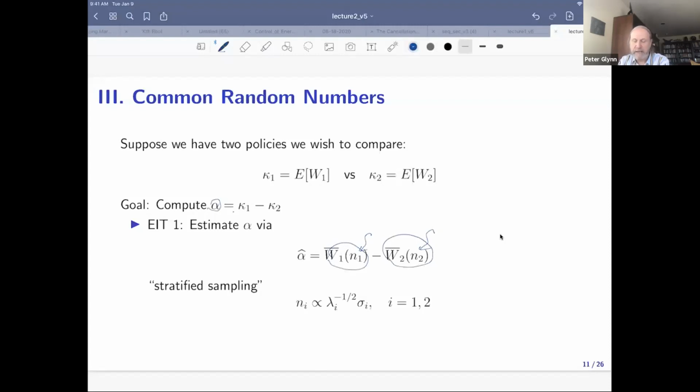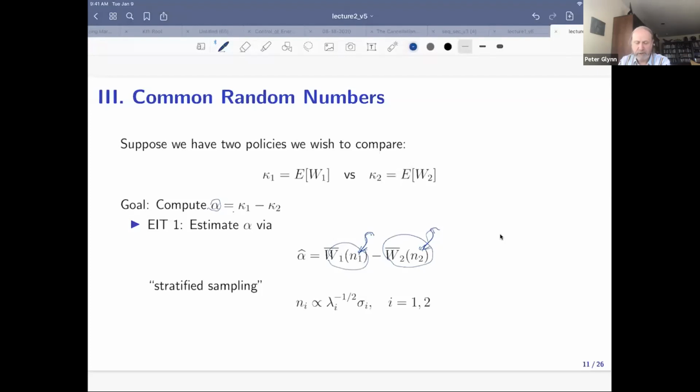And when you make that realization, that leads you into the world of what would be called stratified sampling. So how much computational effort do you want to devote to policy one versus policy two? You'd imagine somehow that that would have something to do with how variable W1 is versus W2.